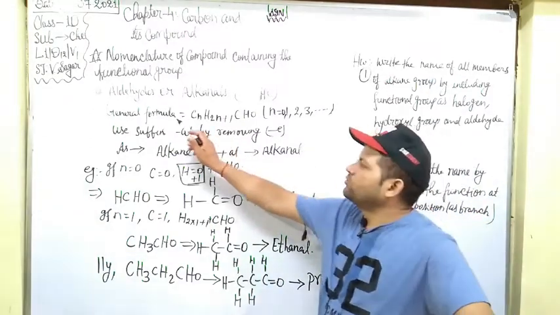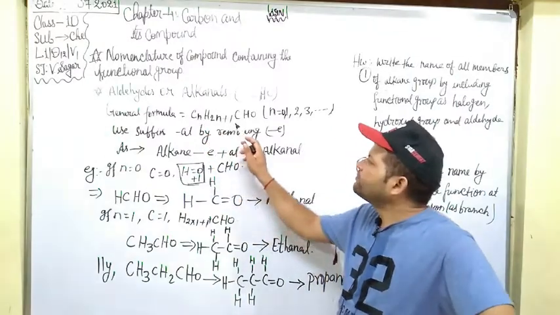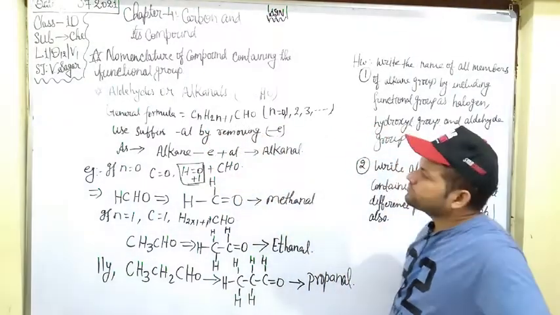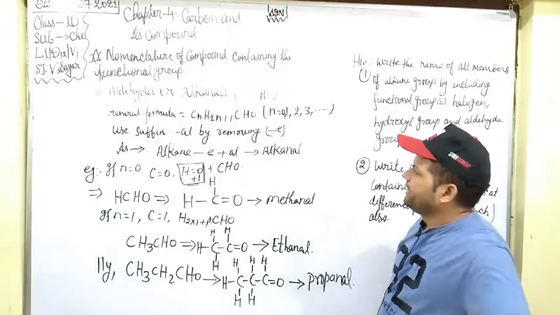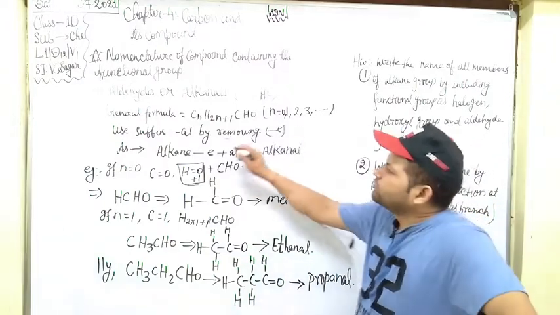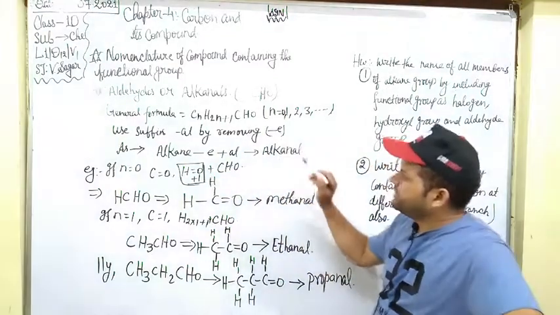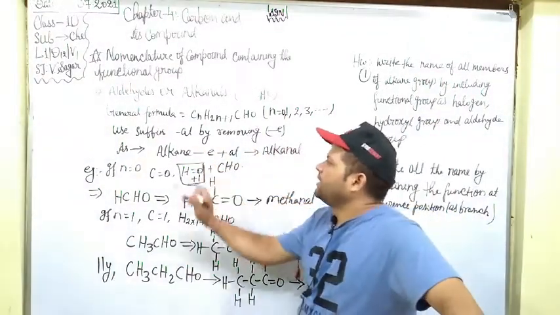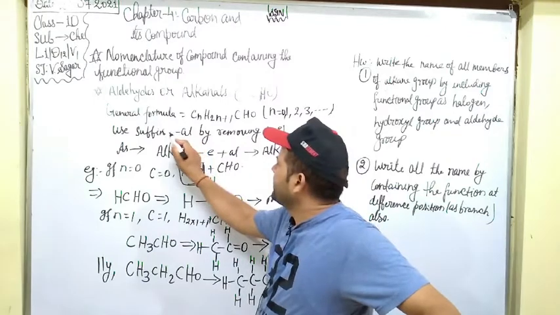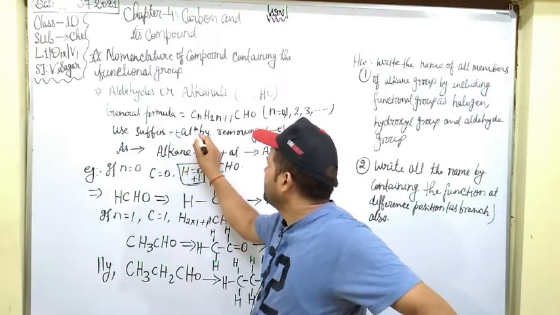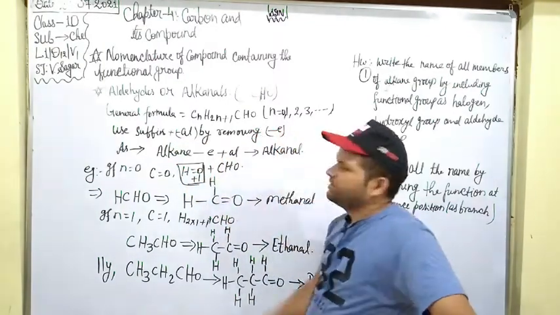The general formula is CnH2n+1CHO, and we have to remove E and add L. We have to add L and remove E.